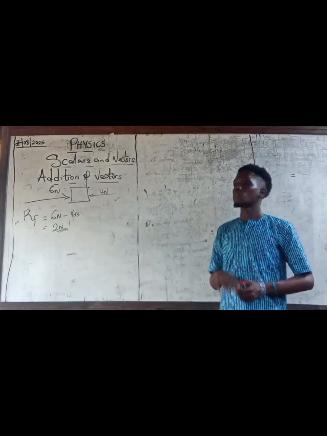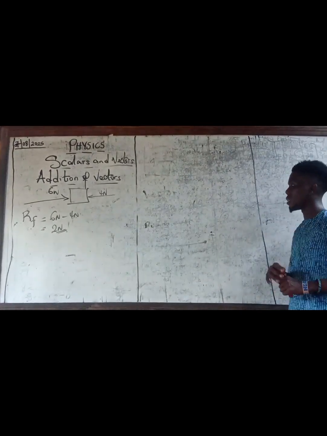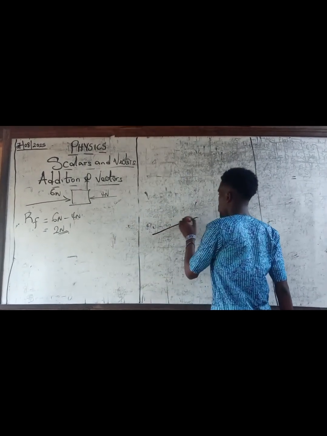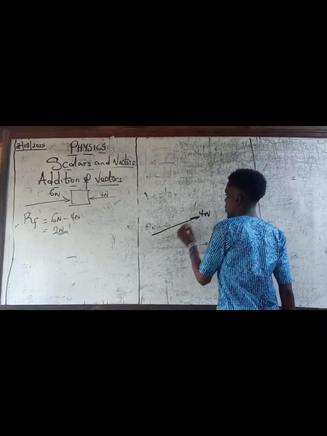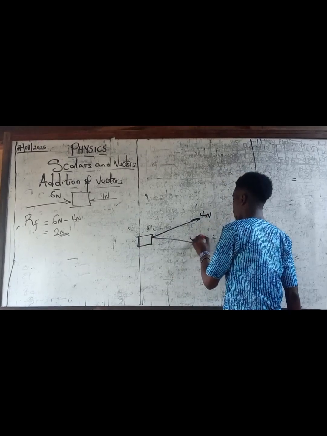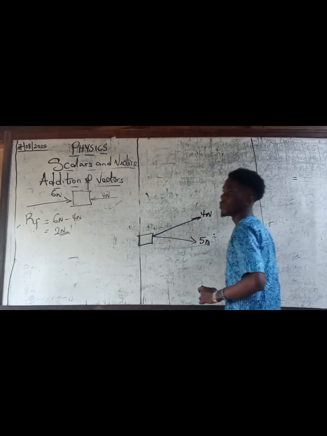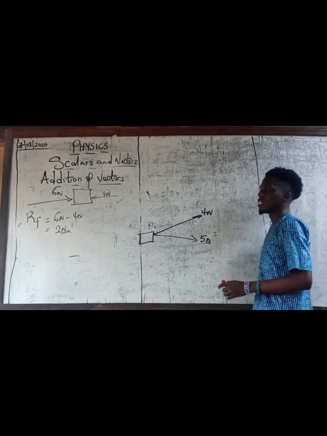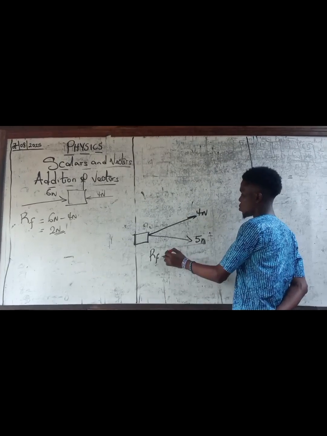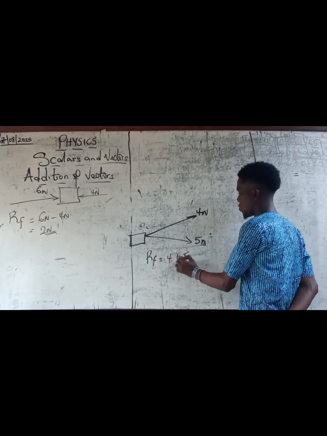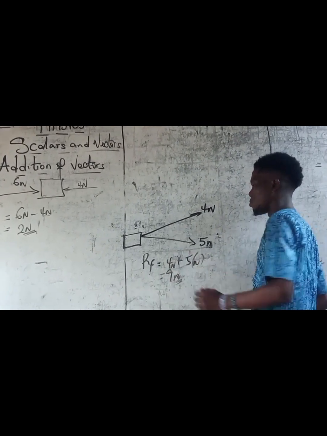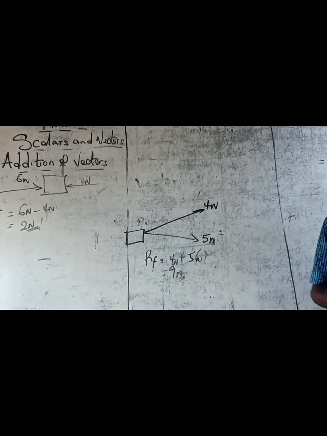And this is what I mean. Let's say you have a force of 4 Newton pulling a load, and another force of 5 Newton pulling the same load. You might be asked, what is the resultant vector? The resultant vector is simply the addition of these two: 4 plus 5, which is 9 Newton.